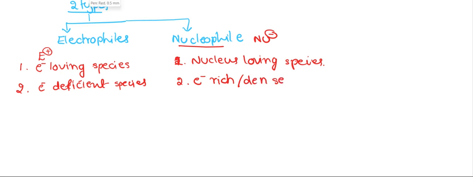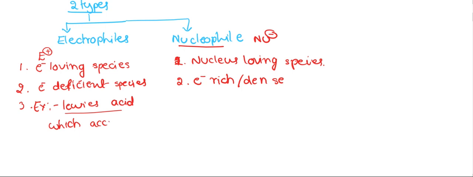For example, mostly Lewis acids are electrophiles. And what are Lewis acids? Lewis acids accept a pair of electrons.